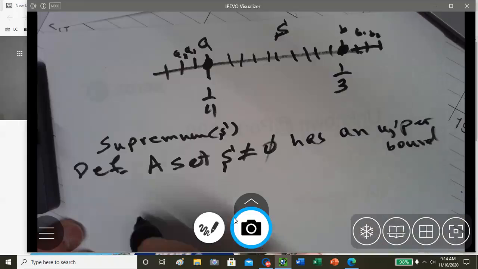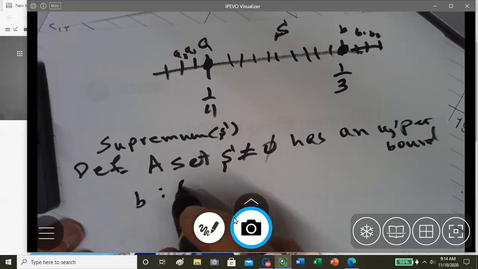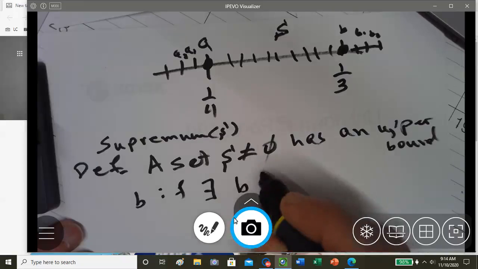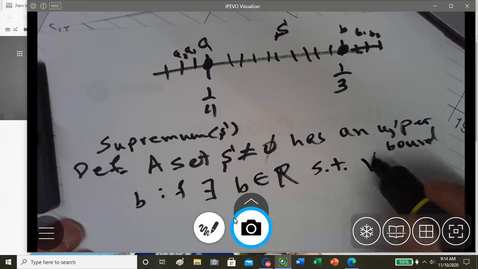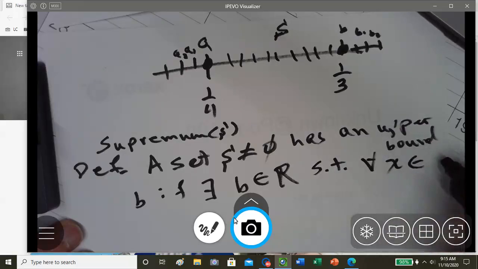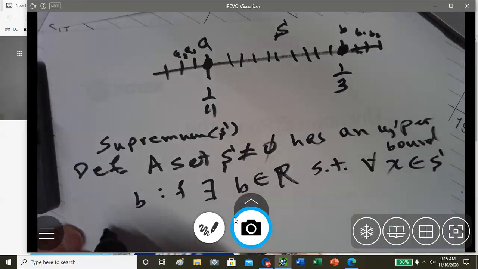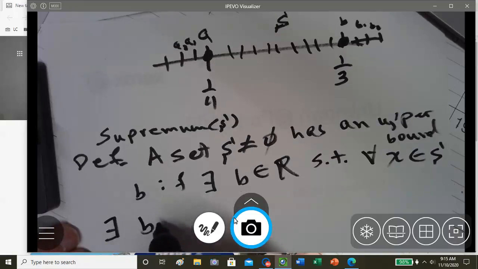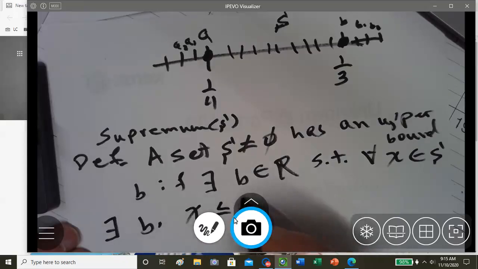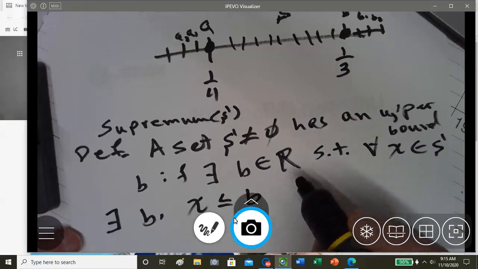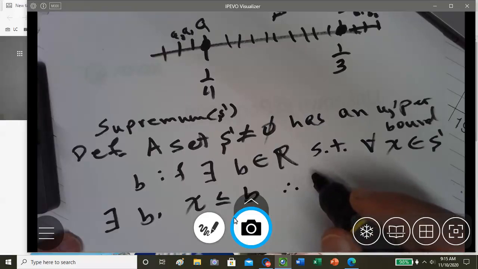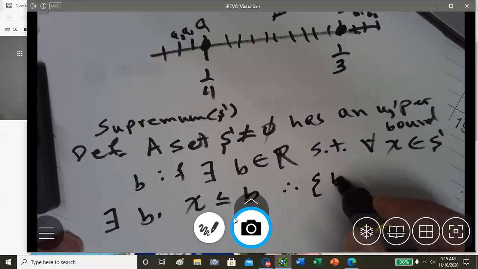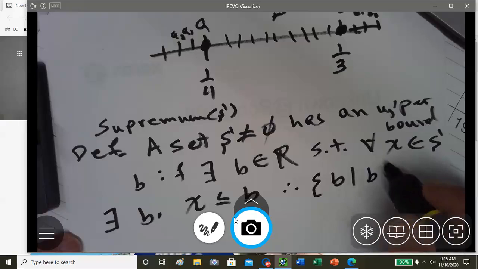There exists an upper bound B, B is an element of all real numbers, such that for all x in set S, there exists a B where x is less than or equal to B. Therefore, B is greater than or equal to, in this case, 1/4.